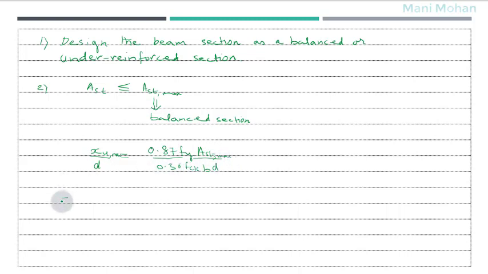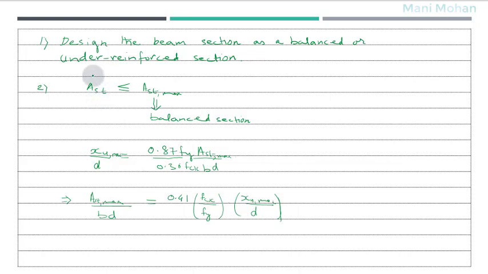Now if I simplify this, you get Ast max by bd equal to 0.41 fck by fy into xu max by d. For a given grade of concrete and given grade of steel, I can compute the maximum steel quantity.